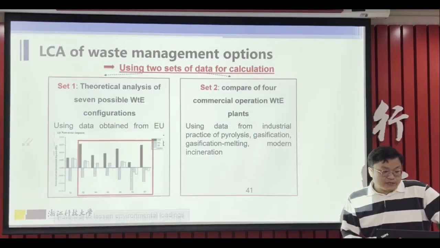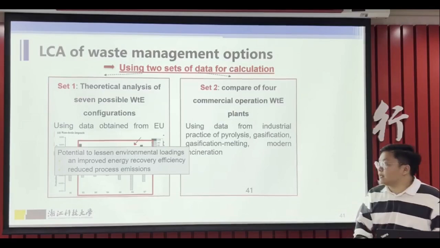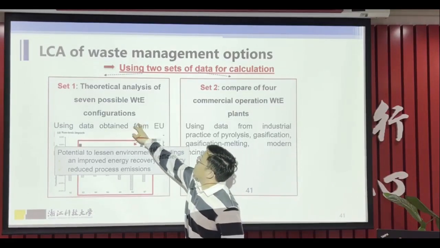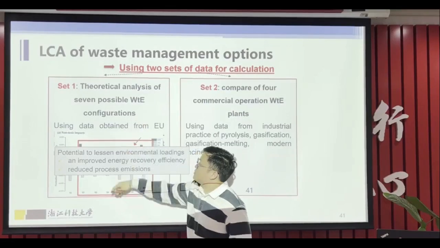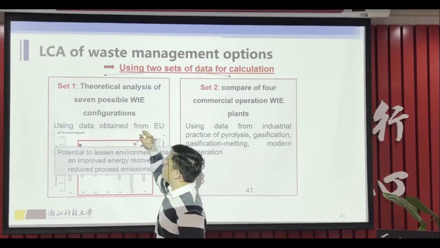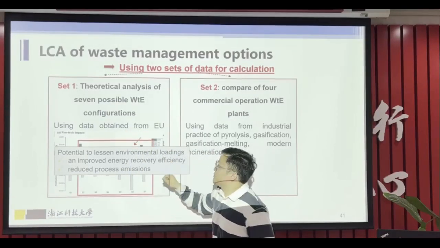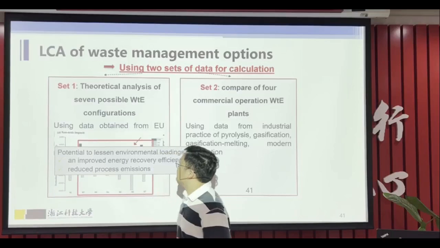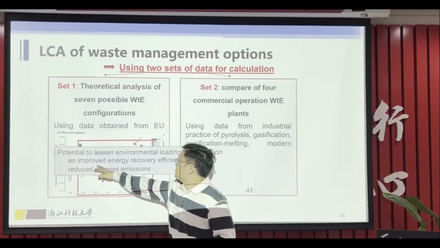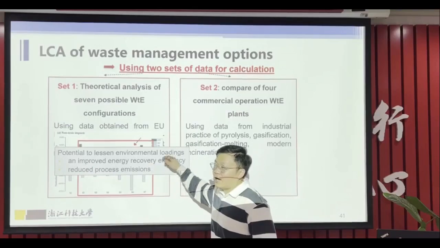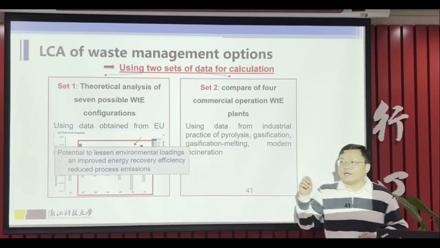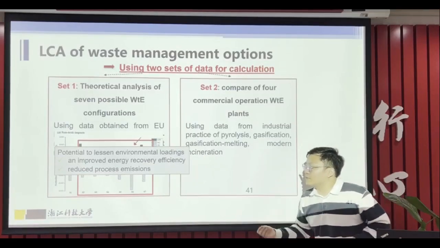So we have two sets of data. One is the theoretical analysis of different WTE systems using data obtained from the EU system, looking at the potential to lessen environmental loadings. One way is improved energy recovery efficiency. The higher the energy recovery efficiency, the higher the energy savings and environmental savings that can be obtained.